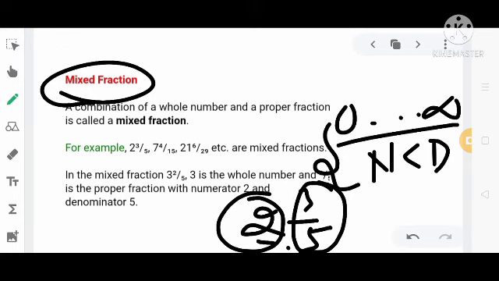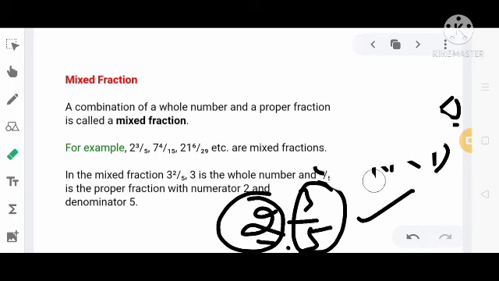You can read out 2 whole 3 by 5, and this will be your mixed fraction. Here 2 is the whole number and 3 by 5 is a proper fraction.